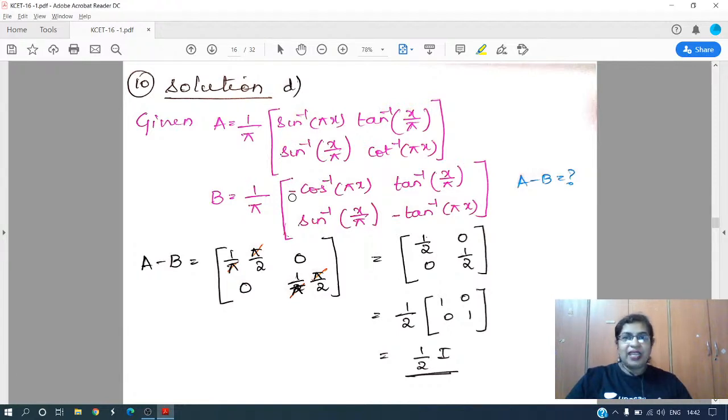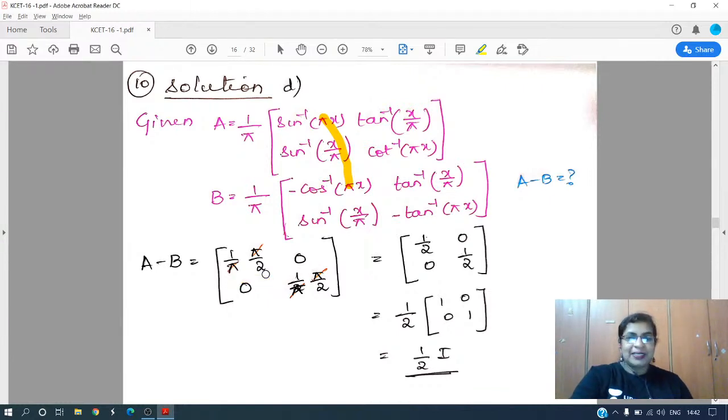What is minus of minus? Plus, no. So what do you think will happen? I've given you the trick. I want the answer. So sine inverse pi x minus of minus means plus cos inverse pi x. Isn't this x the same? What is sine inverse x plus cos inverse x? Isn't it pi by 2? Yes, it is. And this 1 by pi is common. So you got 1 by pi into pi by 2.